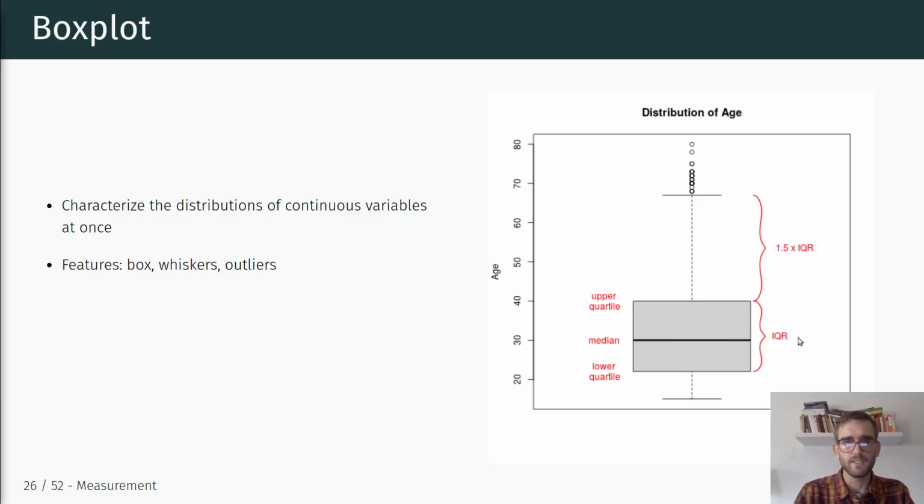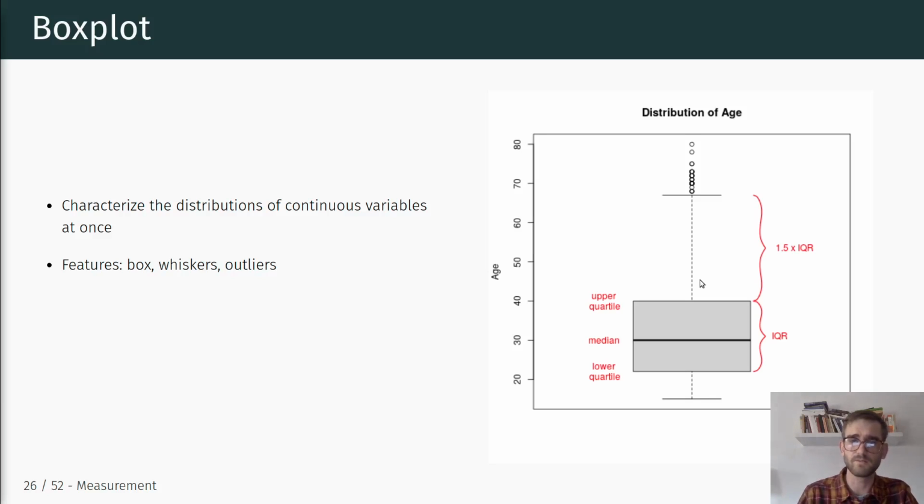Then we have the interquartile range, which we talked about before. That's where 50% of the observations lie between the upper quartile and the lower quartile, which is the 25% quartile and the 75% quartile. Then we have these whiskers, which range up to 1.5 times the interquartile range.